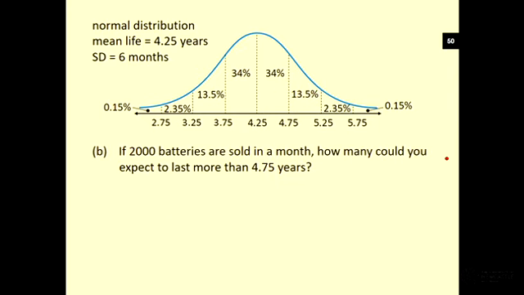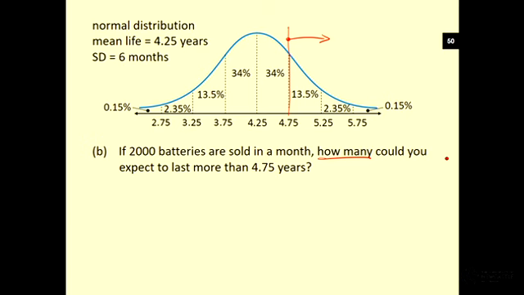If 2,000 batteries are sold in a month, how many could you expect to last more than 4.75 years? So notice it says now how many. It's not just what percent, but how many. So first we're talking more than 4.75 years. So firstly, I want the percent to the right of that. I could add up those 3 bits, or I could just think, look, everything to the right of halfway is 50%.